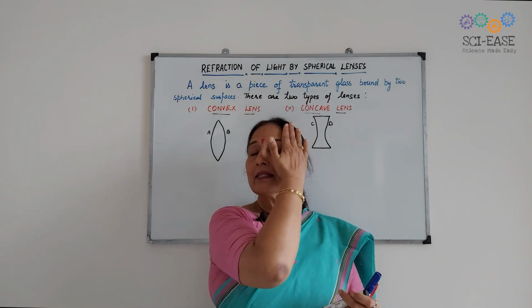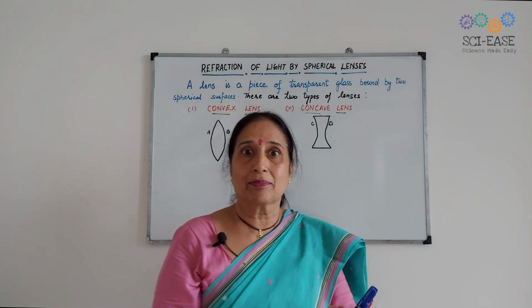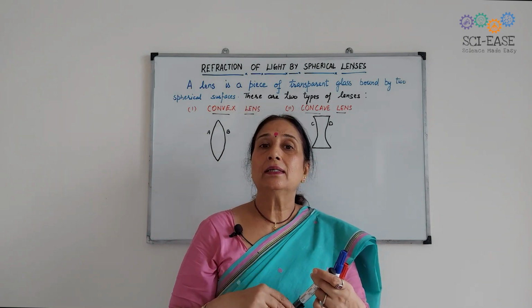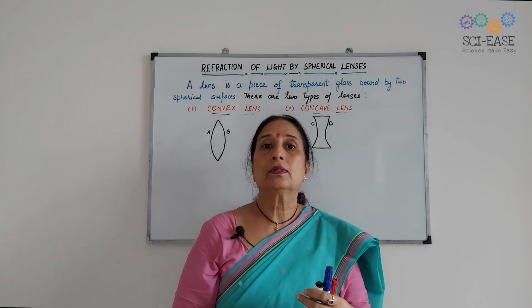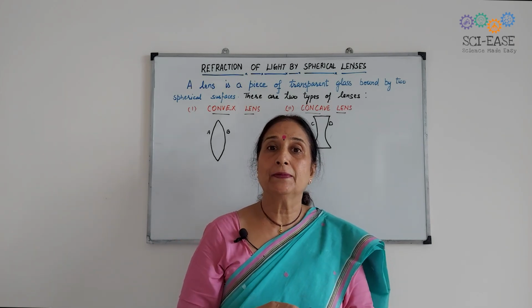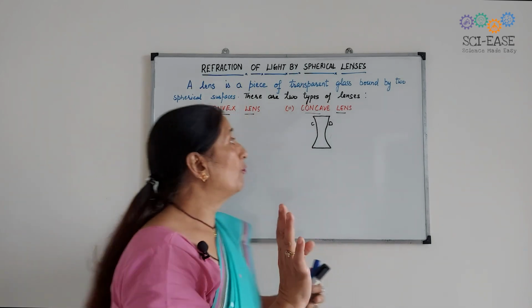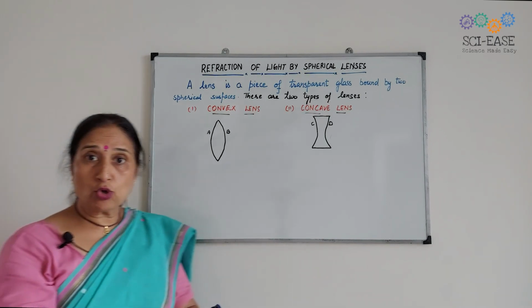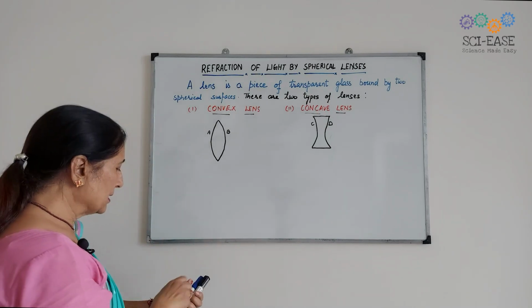Now, the next thing is that you should know certain terms before knowing the rules for the images formed by the concave or the convex lens. So what are those terms? One is the optical center. What is the optical center?